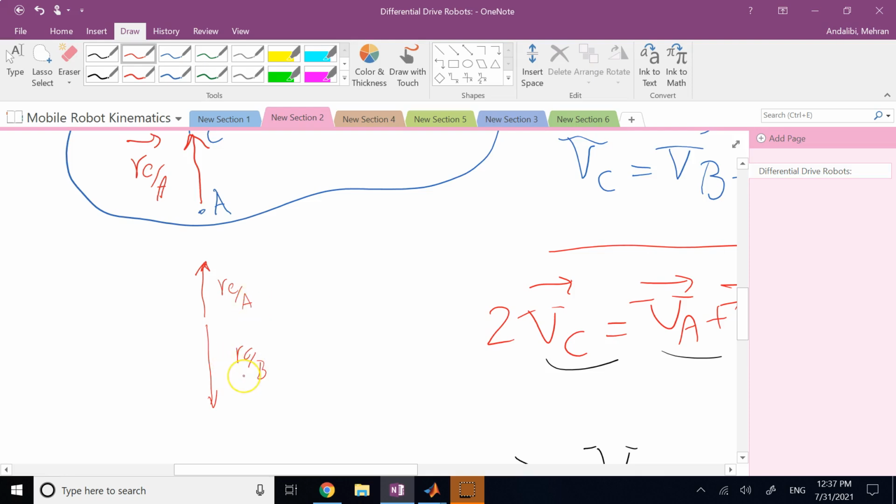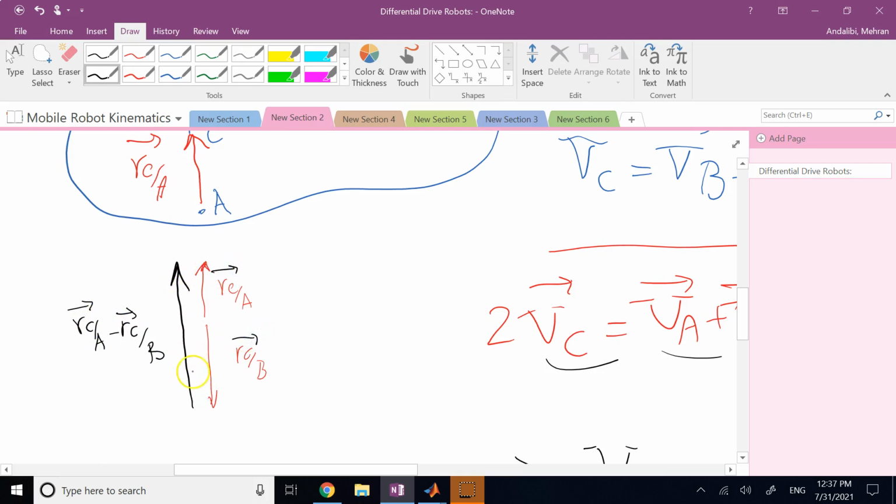And negative means what? Negative means connect the end of the negative vector to the end of positive vector. So this is R of C with respect to A minus R of C with respect to B, correct?